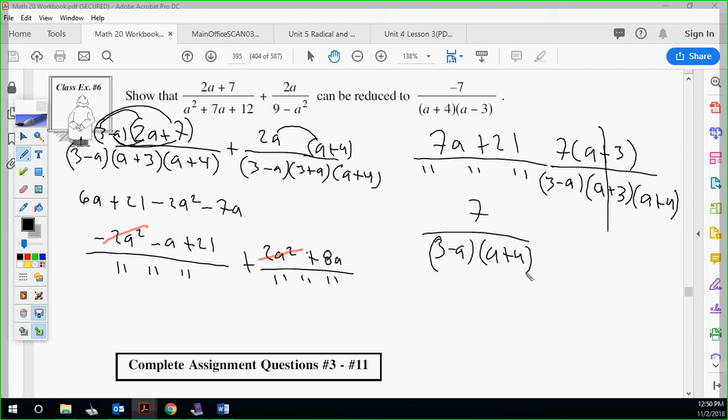So they took a negative out of this one to flip that sign, like we did in our lesson, which means a negative 7 now, because this is like a negative 1 here. 7 over negative 1 is negative 7. This flips to a minus 3, and then a plus 4, which is what they have.